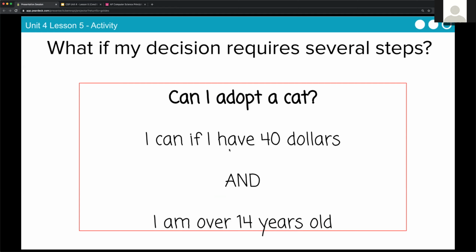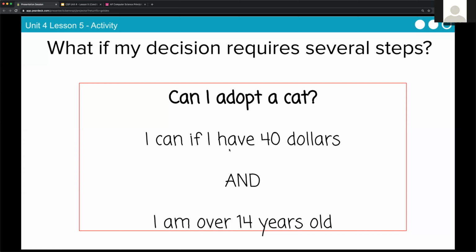This question is, can I adopt a cat? And this question depends on the answer to 2 different pieces of information. So I can adopt a cat if I have $40 and if I am over 14 years old.